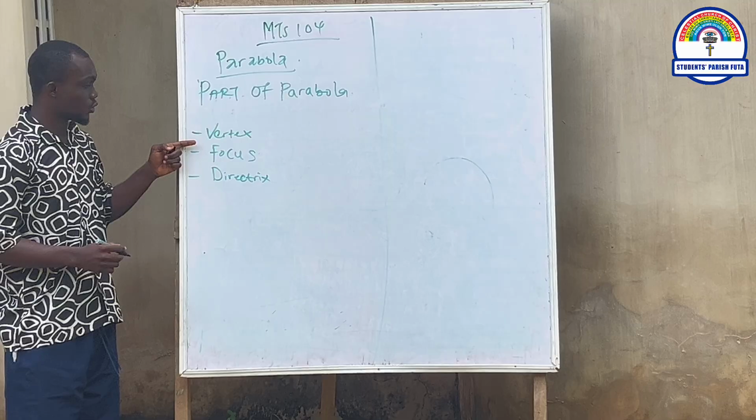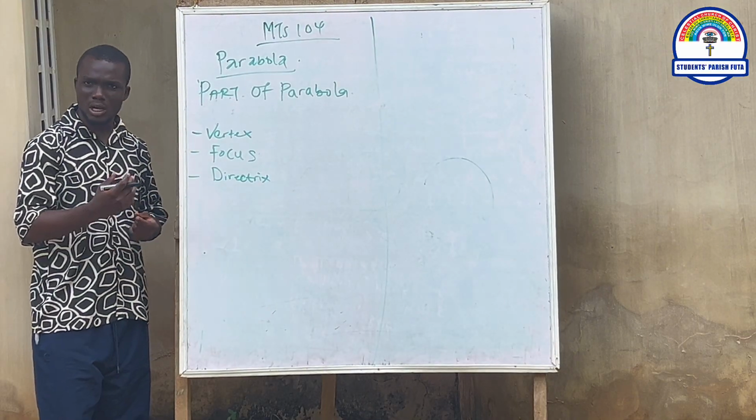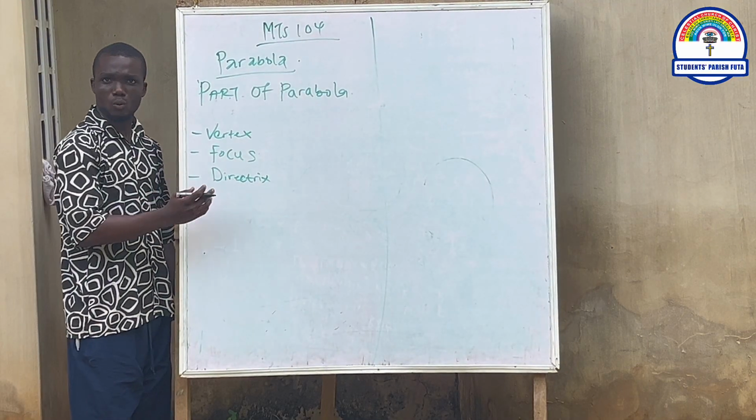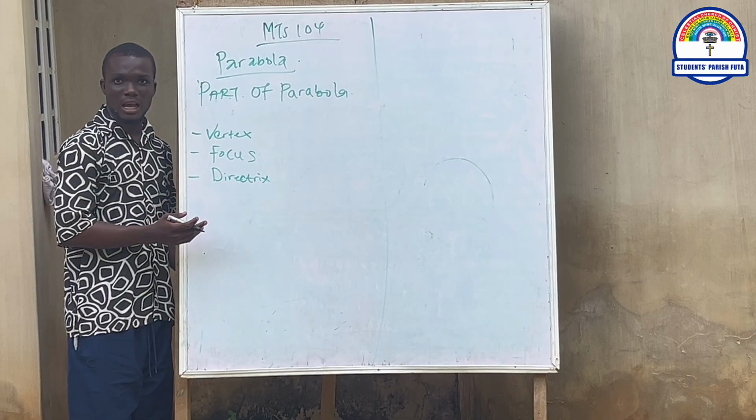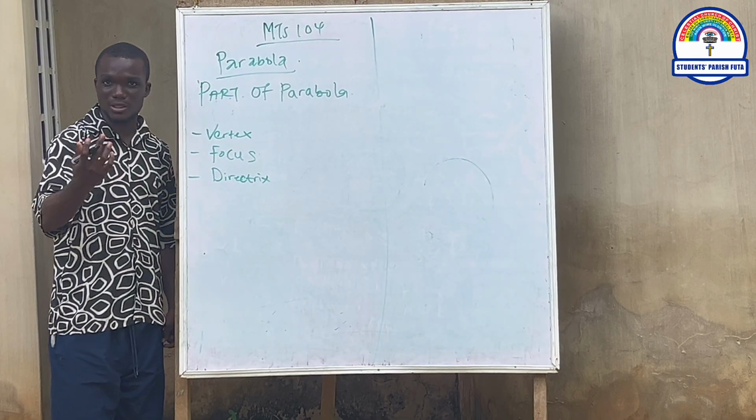Now let us look at what the vertex means, what the focus means, and what the directrix means, to help us understand the parts of a parabola.